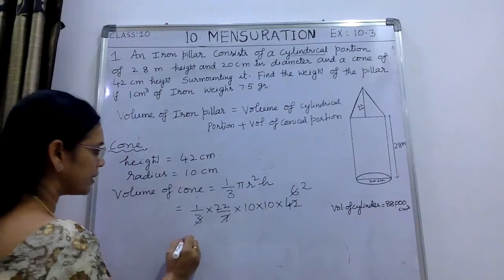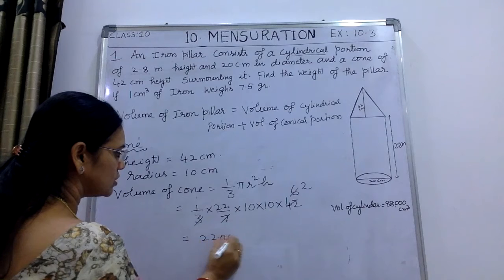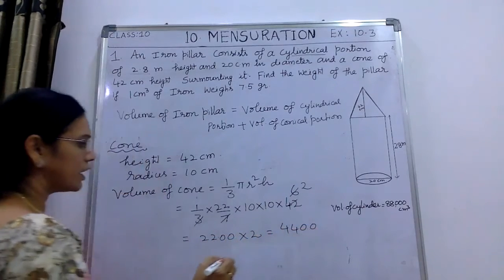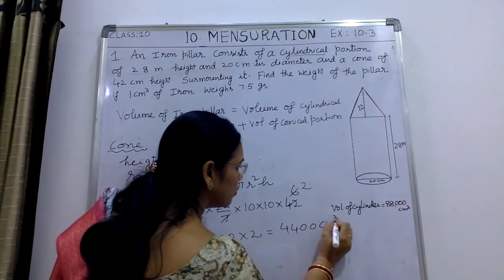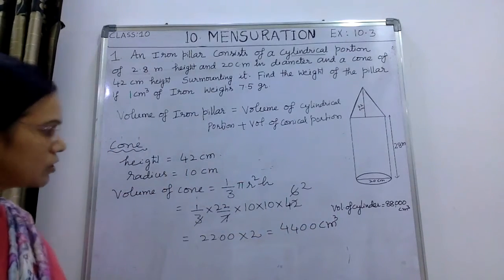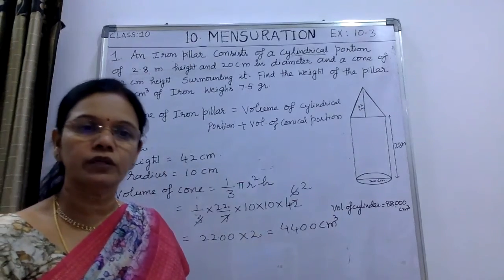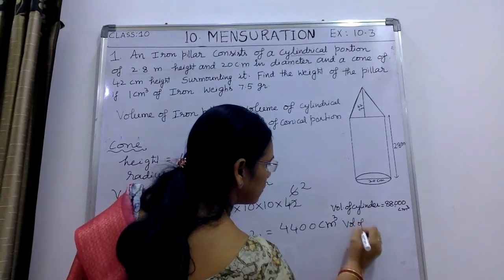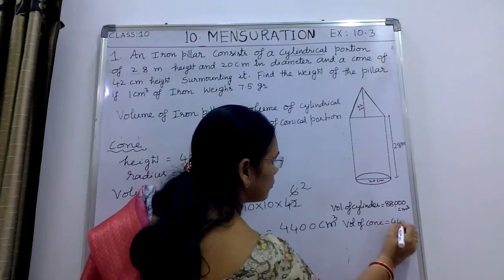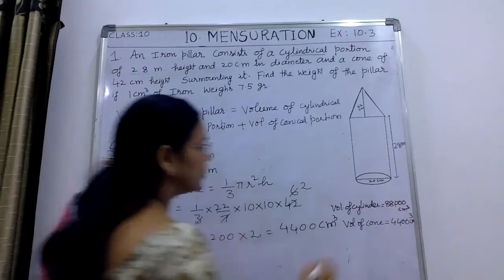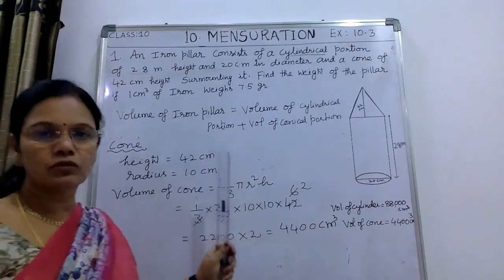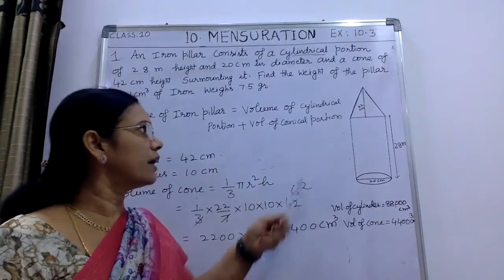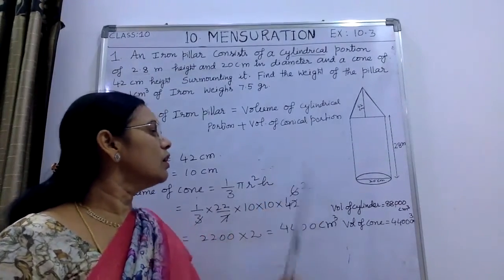After cancellation, let us multiply 2200 into 2, that is 4400 centimeter cube. We know volume of any solid is always expressed in cubic units. So here volume of cone is equal to 4400 centimeter cube. So we have now done two steps of the solution. In the first step we found the volume of the cylindrical portion, and in the second step we found the volume of the conical portion.